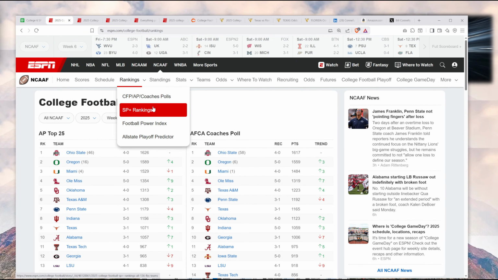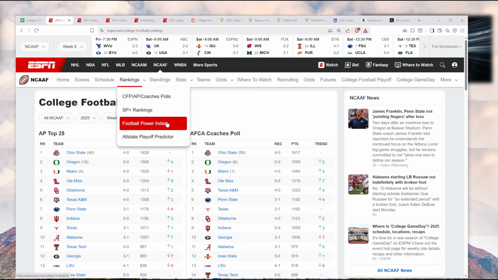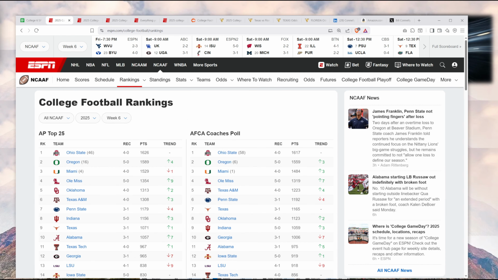Under rankings, you have several options: SP Plus and Football Power Index. Now these ratings are not the same as the opinion polls. The AP Top 25 and the Coaches Poll are opinion polls. They don't necessarily correspond with data analytics. And so that's where these discrepancies come from.